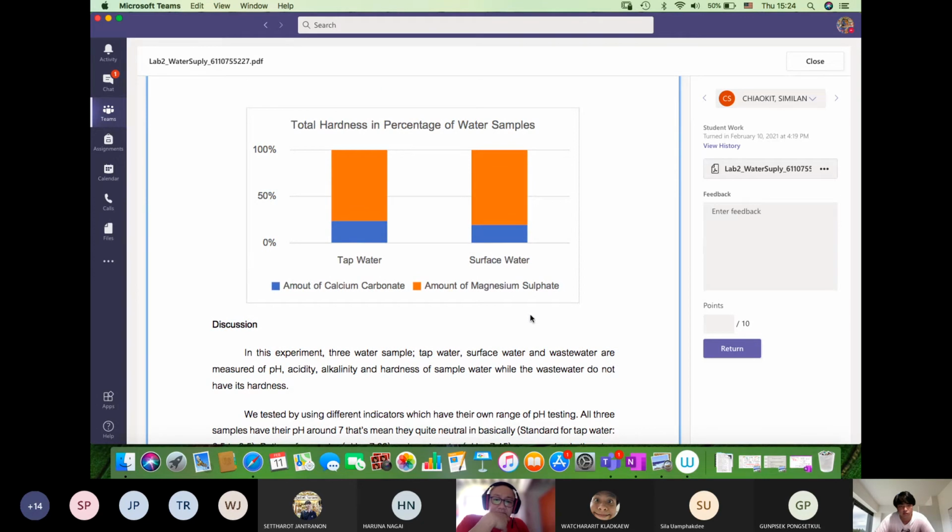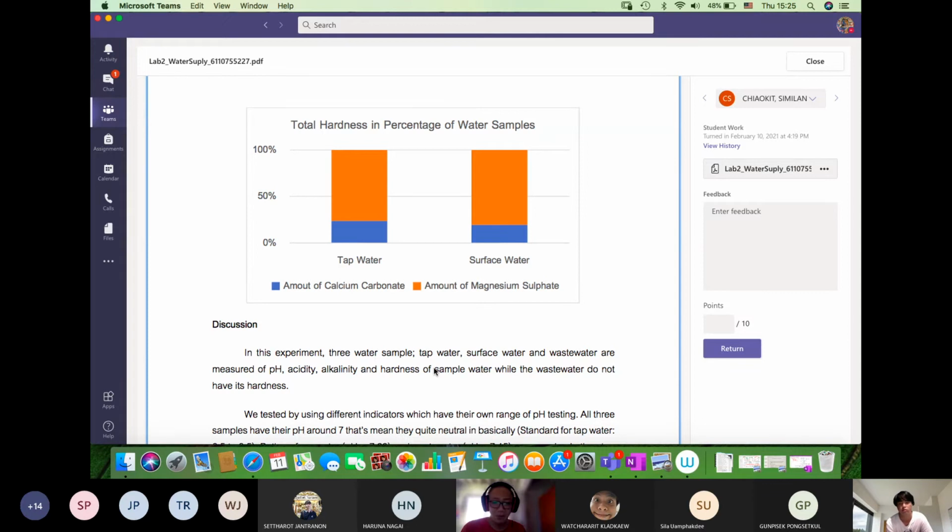Calcium carbonate. Magnesium hardness: this should be the calcium hardness and this should be the magnesium hardness. But you didn't compare with the alkalinity, right? Because the alkalinity represents the carbonate hardness.